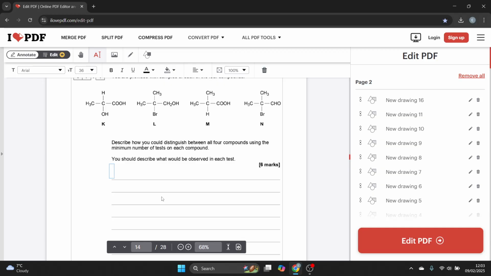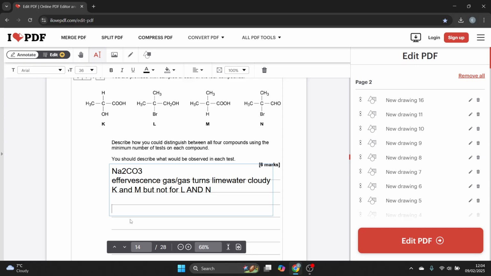Remember, I can use sodium carbonate to test for carboxylic acid. So Na2CO3: effervescence, gas turns lime water cloudy for K and M, but not for L and N.